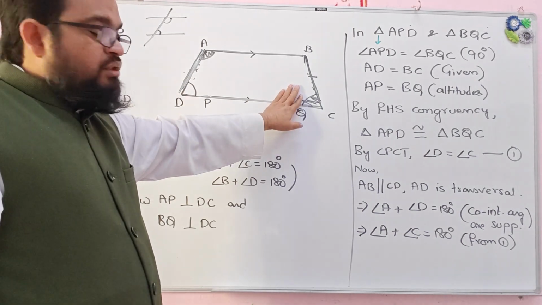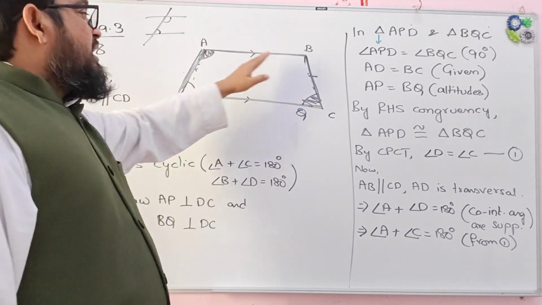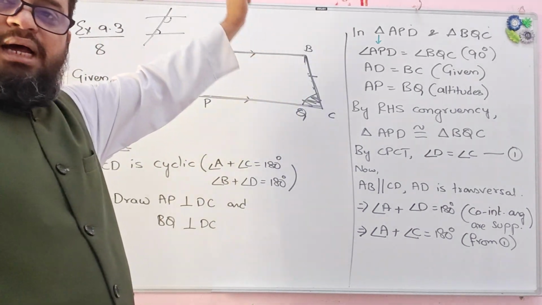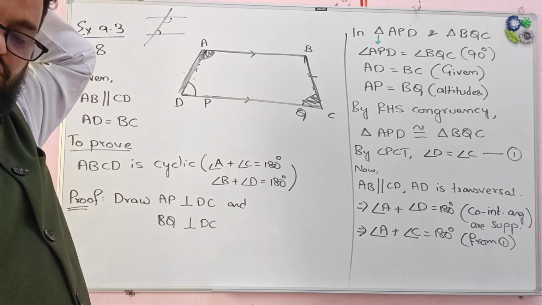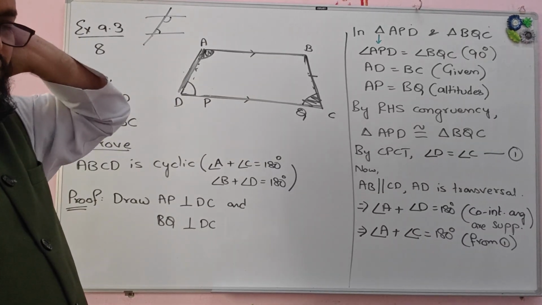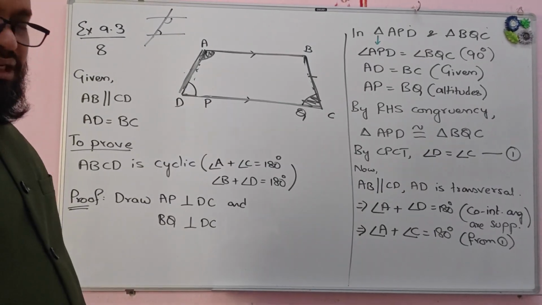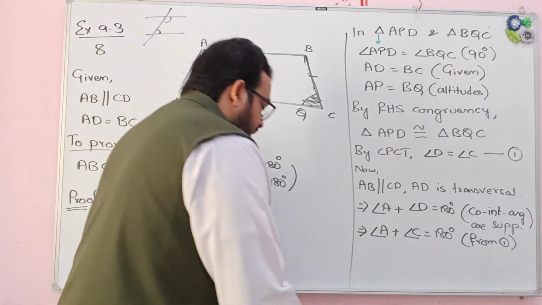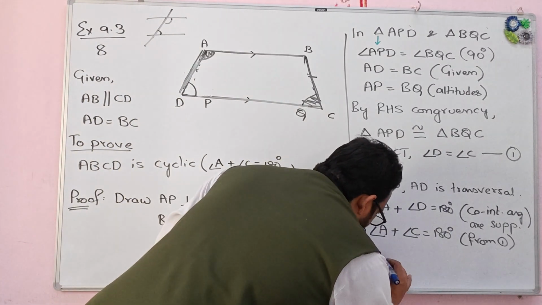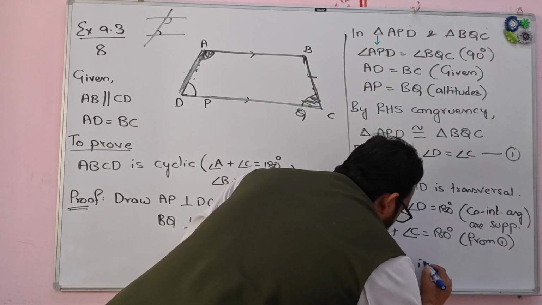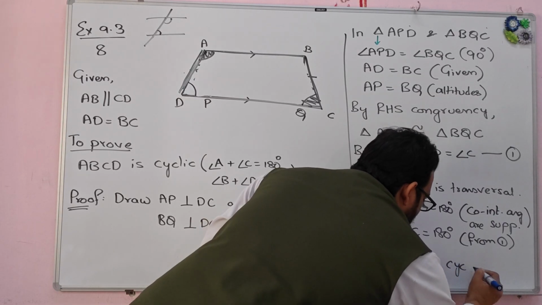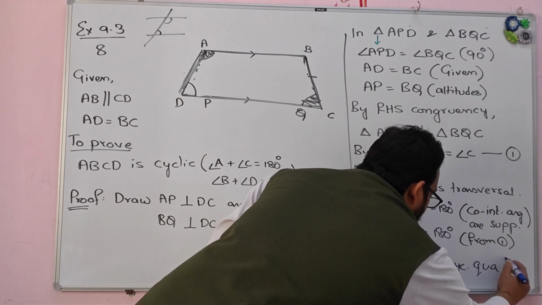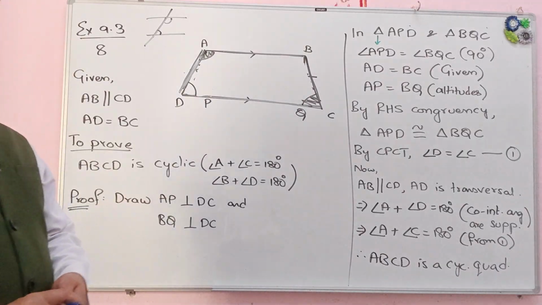From 360, if you subtract 180, the remaining B and D also are 180 degrees. So since the sum of opposite angles is 180 degrees, therefore ABCD is a cyclic quadrilateral. Understood, my dear students?